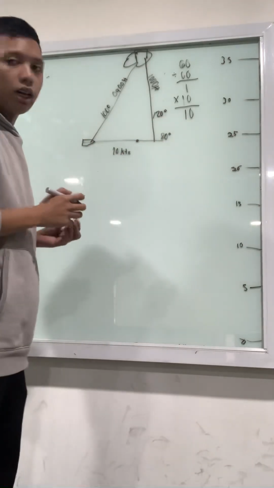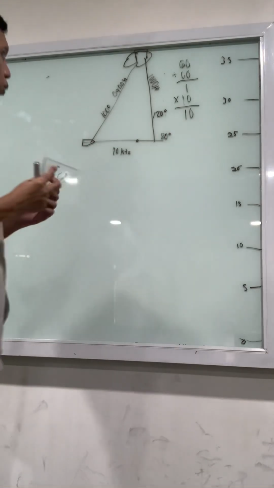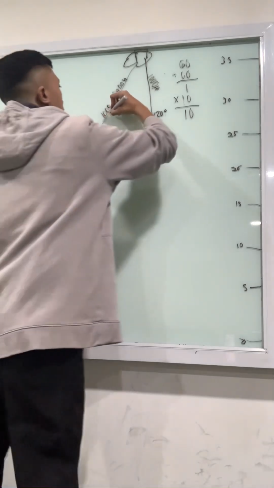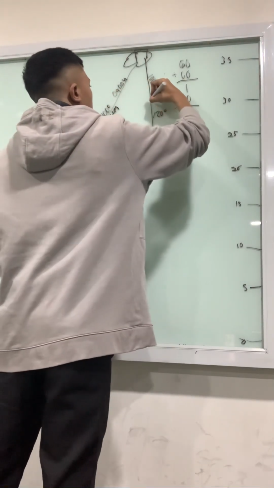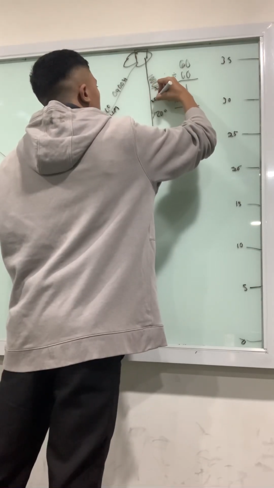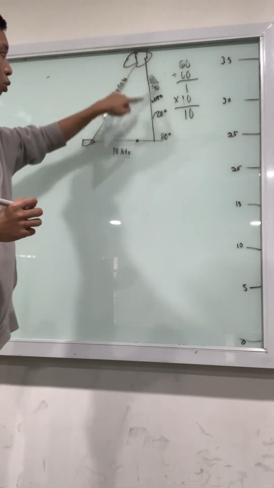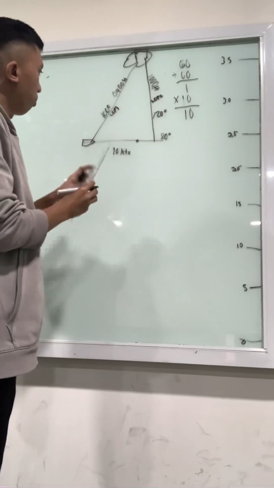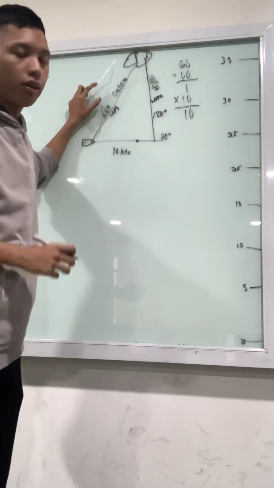And then I would use a ruler. This is my first LOP1, and this would be the second one, which is LOP2. This is my first LOP1 and LOP2, and then I would use it to, I only have one ruler, I'm very sorry.